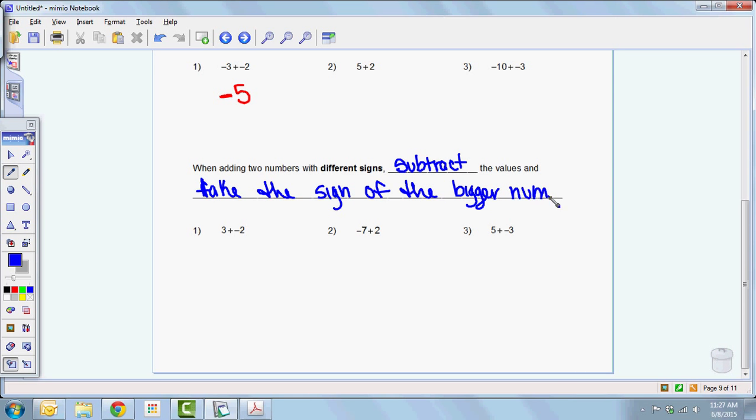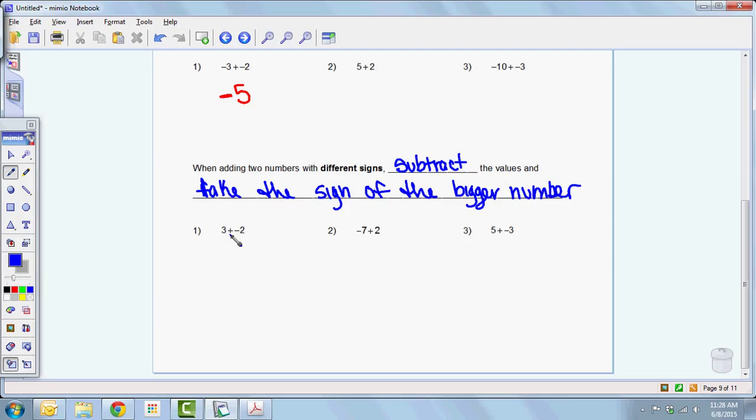Okay, so let me explain that. So, all of these examples down here, one is a positive number added to a negative number. Negative plus a positive, positive plus a negative. When you have opposite signs, it's helpful if you think of subtracting them, and you're going to take whatever sign is bigger.